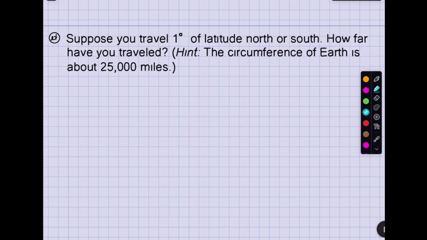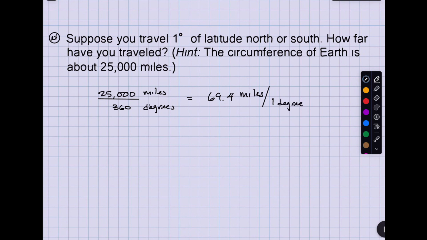So if I take, so this is miles. This is degrees. So this is going to be 69.4 miles per 1 degree.